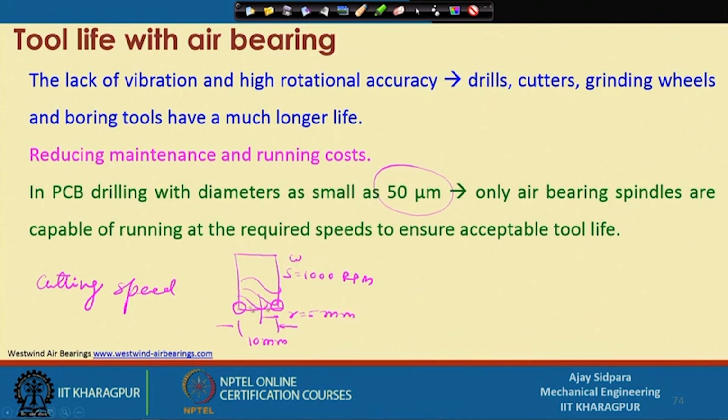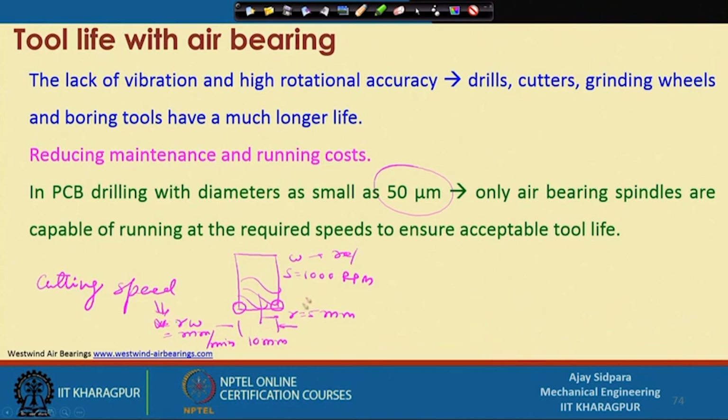So, we know that V equals r into omega, where omega is in revolutions per minute and r is in millimeter, so whatever you get is in mm per minute. This is your cutting speed.